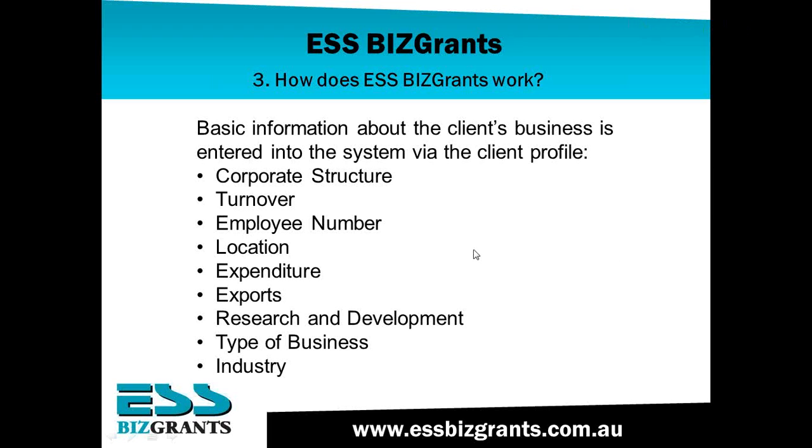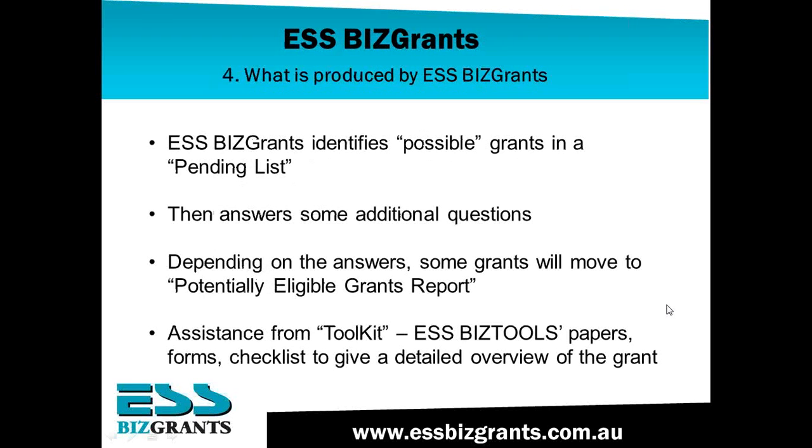The type of business is important because grants are designed by the government to be beneficial to certain types of businesses in certain industries. So that's the reason we're asking questions about all that.